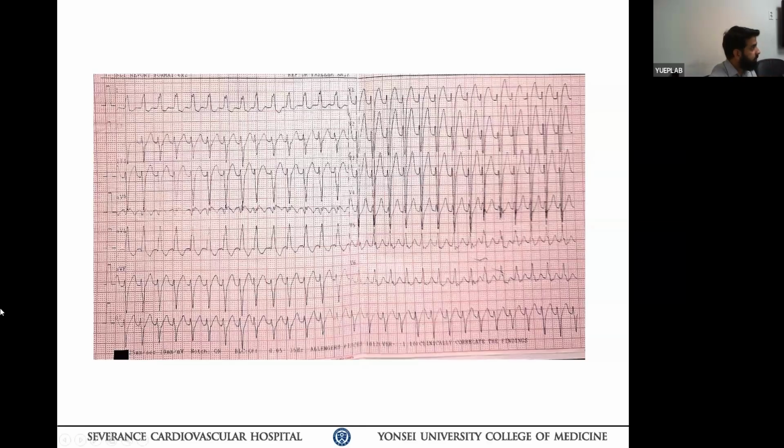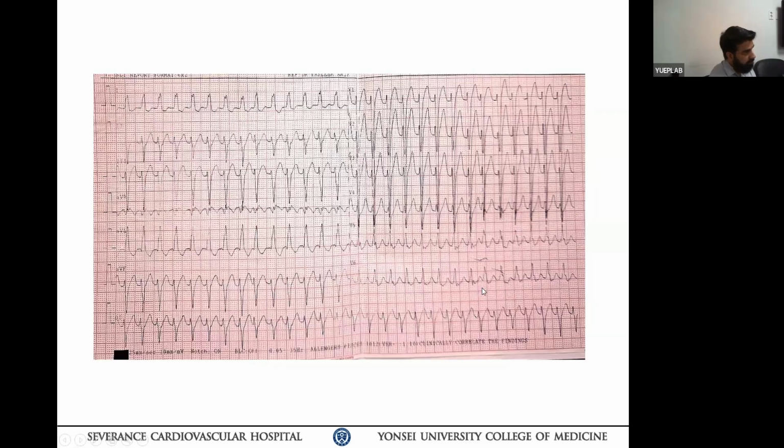Please follow with the mouse. In V6, there is a P wave notching after the end of the QRS, but it's not constant. It's changing, right?